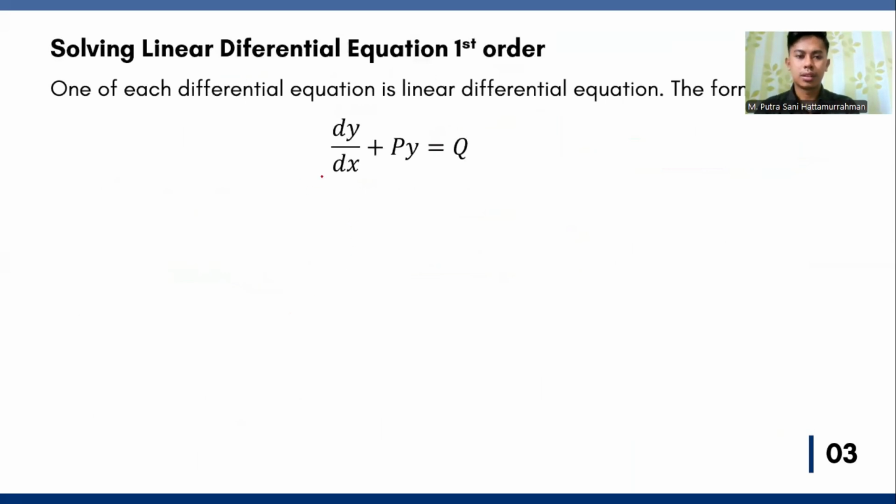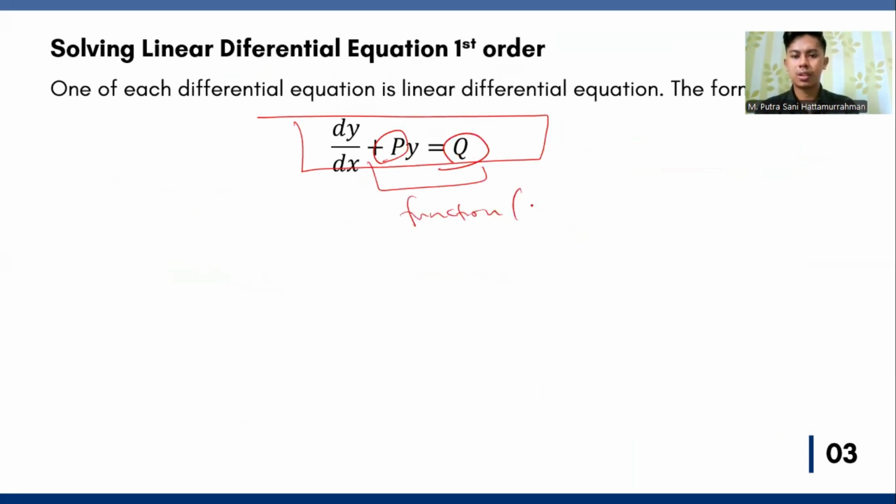Okay, this is the definition of a first order linear differential equation: dy by dx plus py equal to q. We know that p and q are functions, or maybe can be constants, depending on the question or the system.